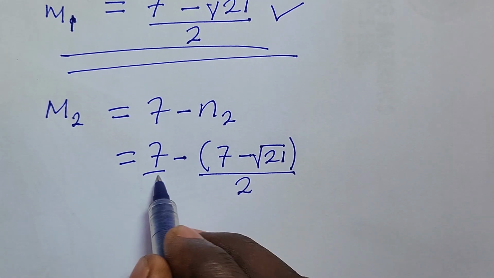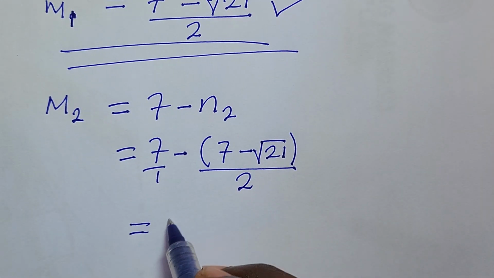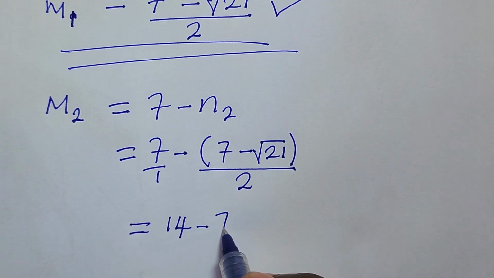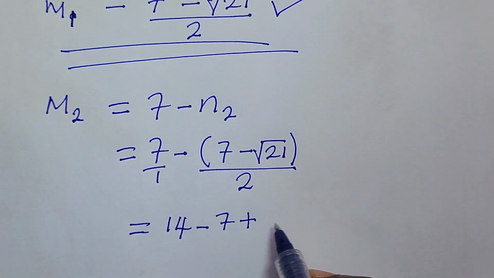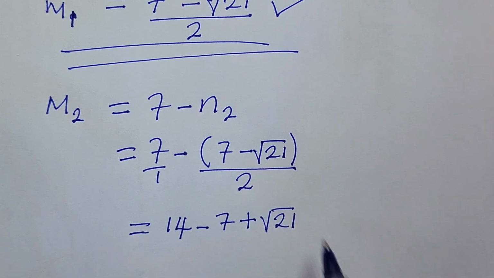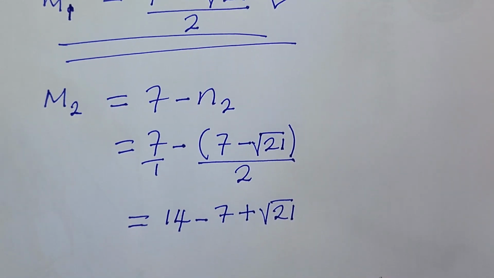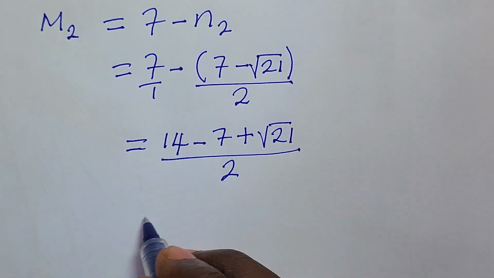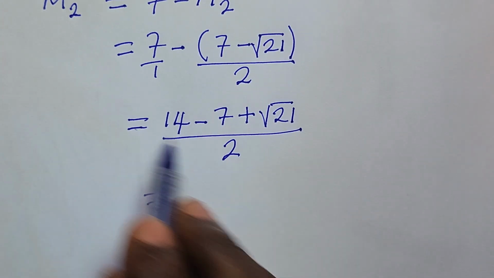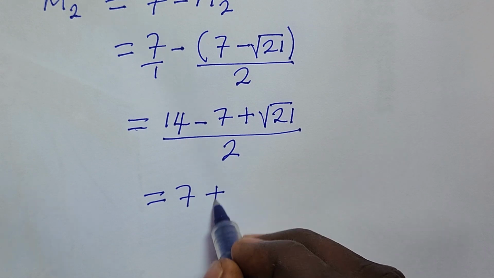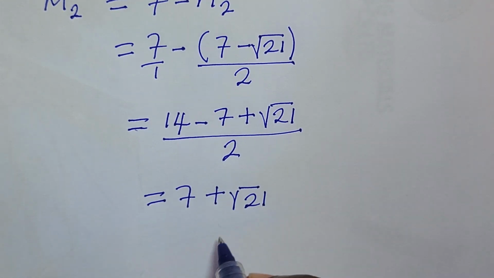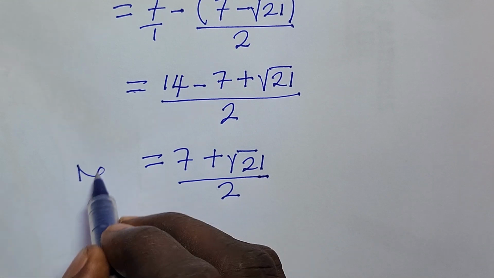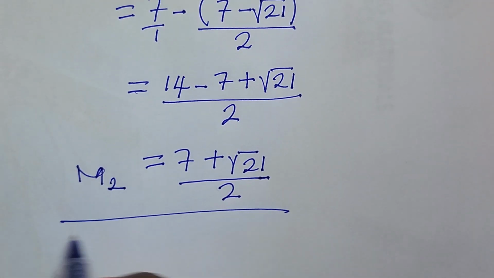We look for the LCM again, which gives us 14 minus 7, then plus root 21, because we use this minus times this minus, everything all over 2. Then if we simplify, this will give us 7 plus the square root of 21, all over 2. So this is our m2.